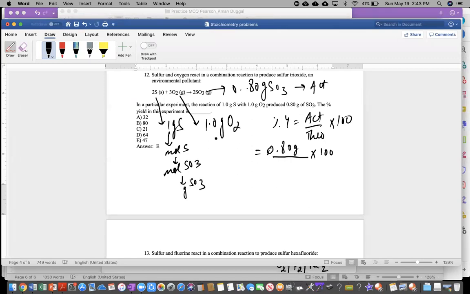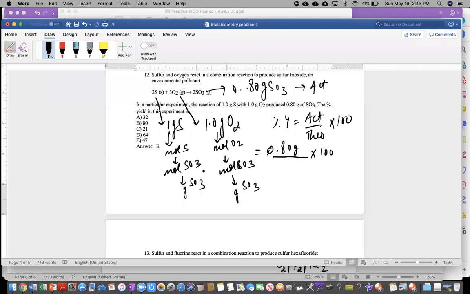And then the next one is 1 gram of oxygen to moles of oxygen to moles of SO3, and then grams of SO3.